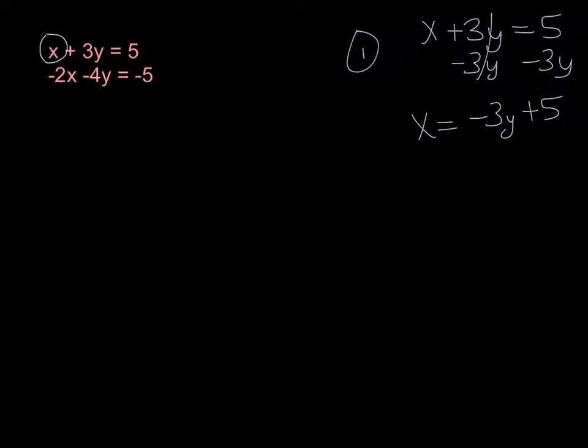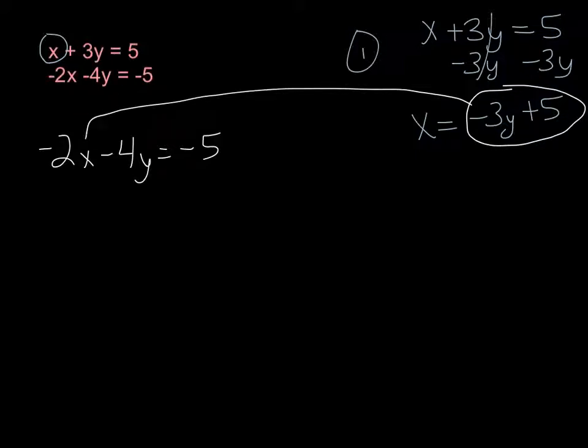Step 2. We're going to take the other equation, which in this case was the bottom equation, and we're going to substitute in for x. So since x equals negative 3y plus 5, I'm going to plug that in for x. So I have my negative 2, plugging in my negative 3y plus 5.